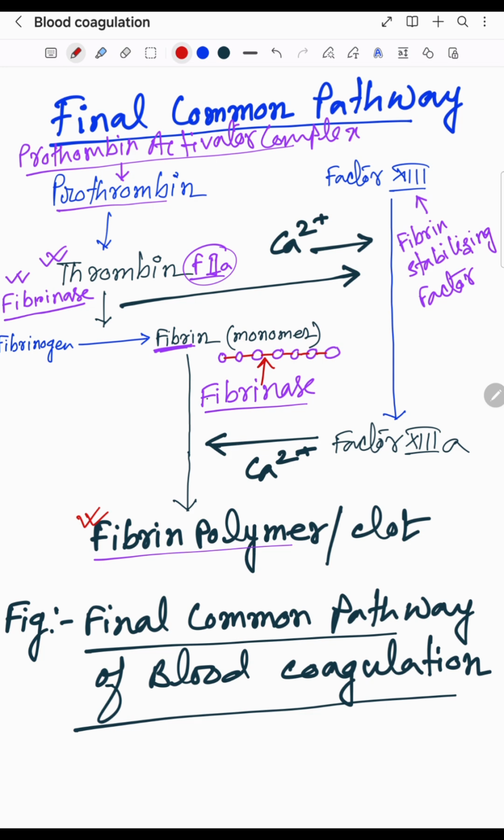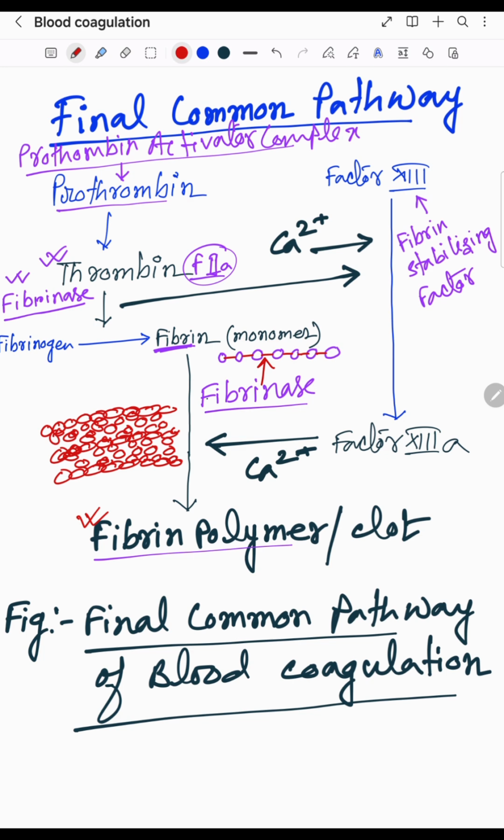So there will be this fibrin, this fibrin, and they are like this way. They form a net like structure so that they can be placed over the platelet plug, and it will prevent the blood loss that will form a clot.